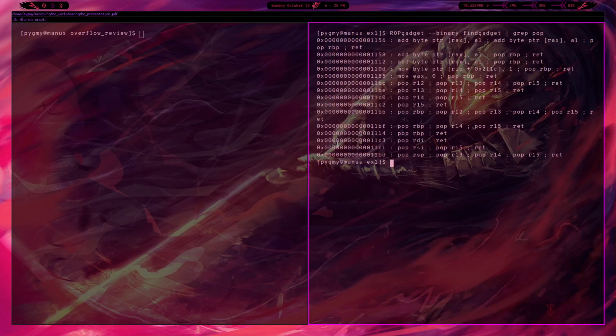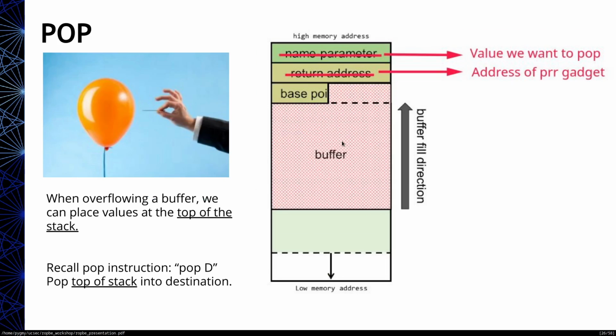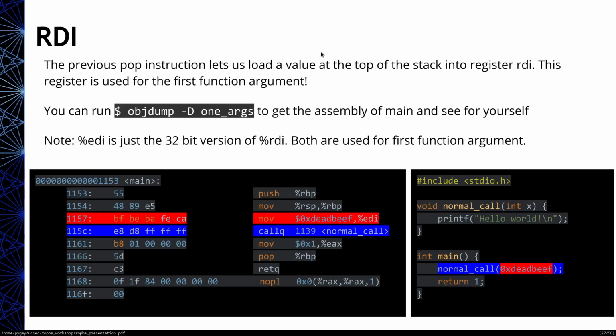And then we can give it a value that we want to pop into whatever, right? So we can actually give almost like a function argument. We can overwrite whatever is right here and pop that into a destination. So the destination in this case would be RDI.